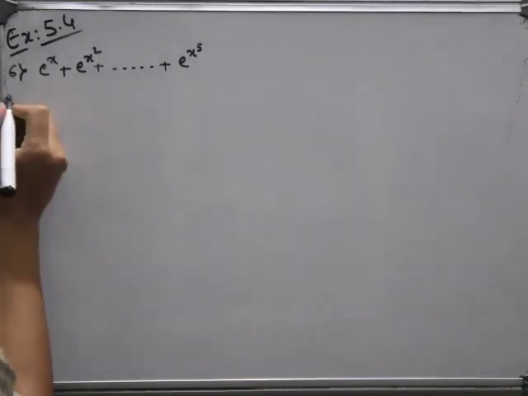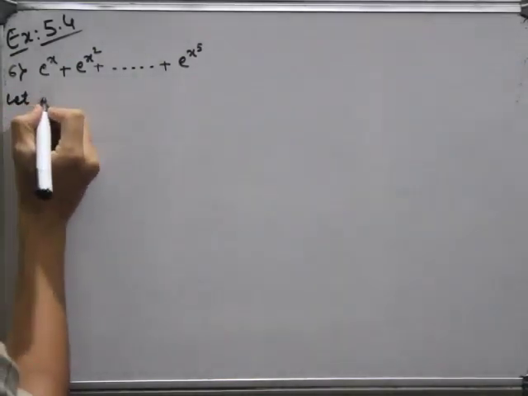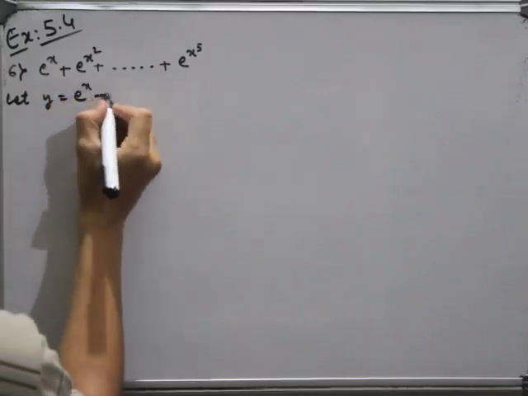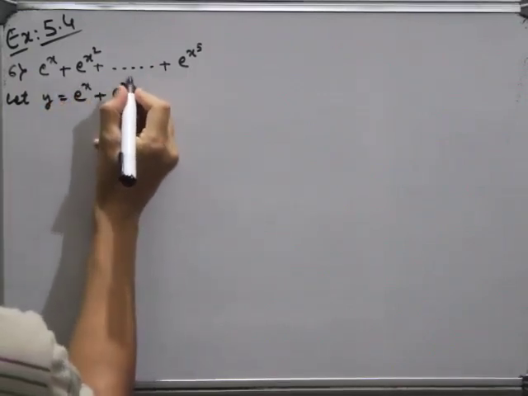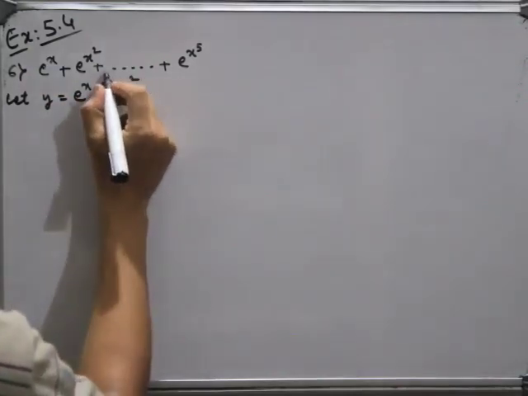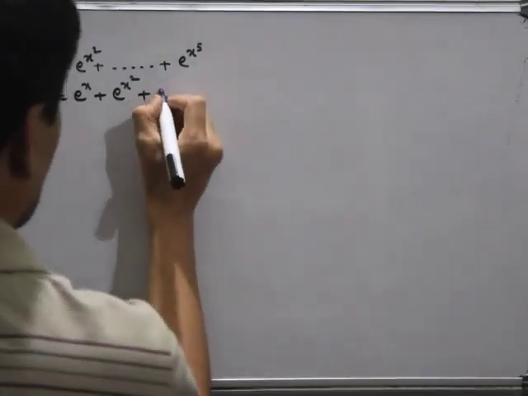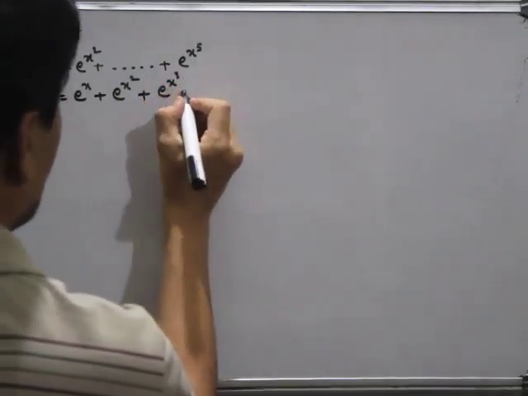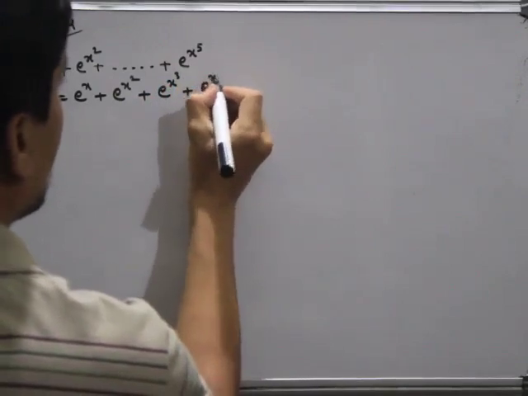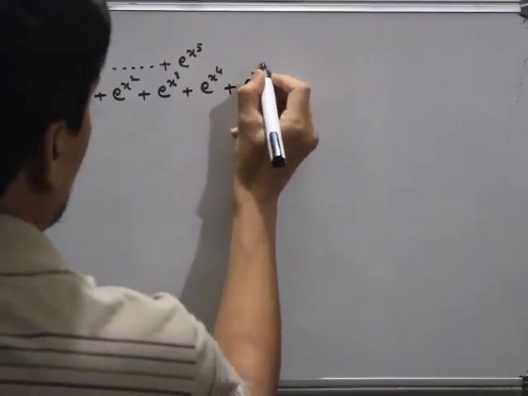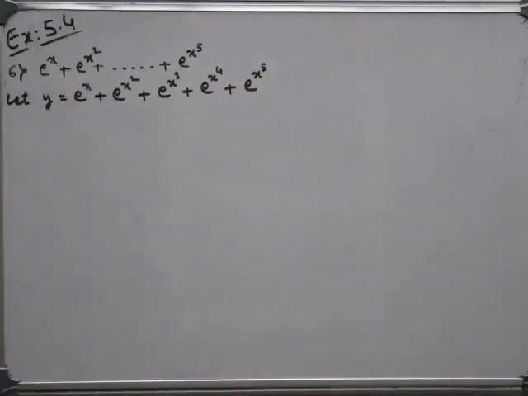Now write it like this: let y is equal to e power x plus e power x square plus, this is up to x to the power of 5. Now write it properly: e to the power of x cubed plus e to the power of x to the power of 4 plus e to the power of x to the power of 5.